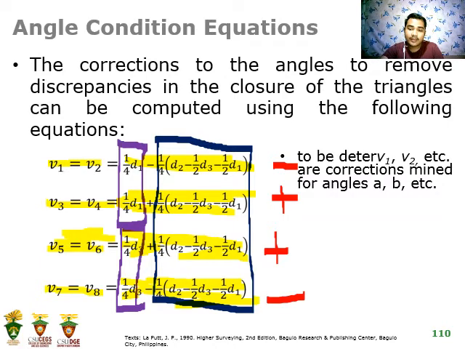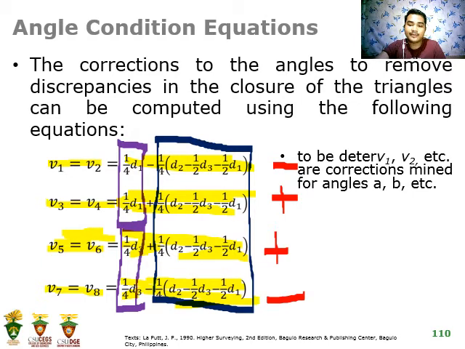So, to determine the V1 and V2, kung saan doon ipagkuha si V1 o V2, etc. are corrections, no? Mine for the angles A, B, and etc. Like for example, si V1 o si V2 are for A and B, no?